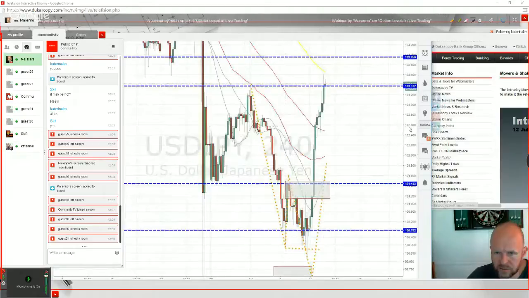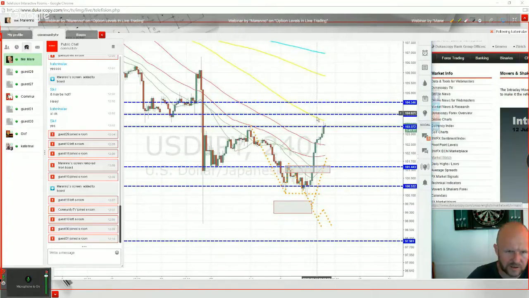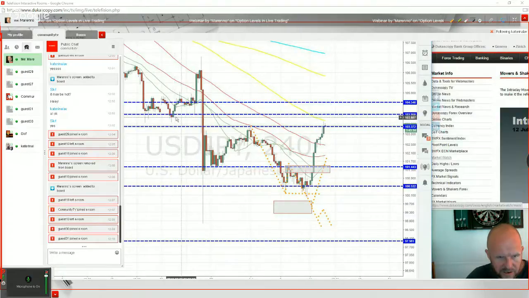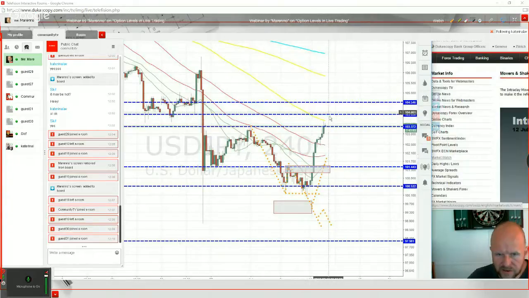Okay, so we do have option levels here, by the way, and 103.95 is a very strong level which might be reached. As you can see, this resistance is also confirmed by these lows here. So what can actually happen is that the price will continue its up movement towards this area, and it's the 4-hour chart, by the way, at the moment.